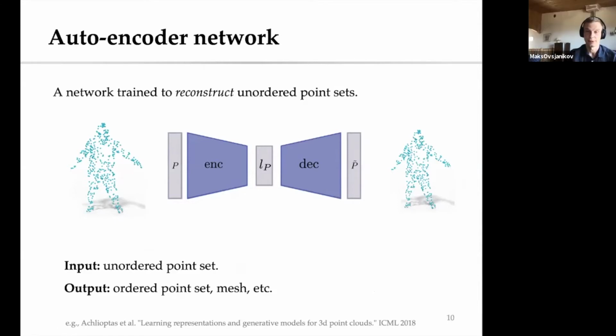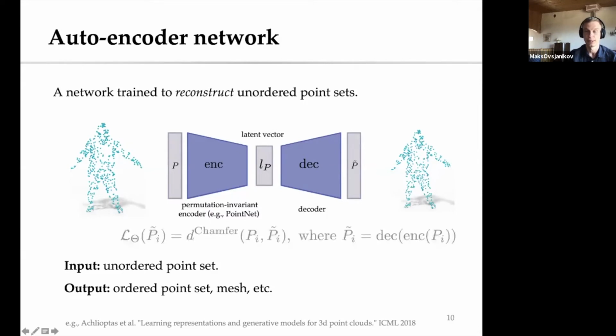The main goal when you're training this network is to compute the weights of the encoder and the decoder networks, so that when you compare the input P_i and the reconstructed output P tilde_i, you want them to be as close as possible. There are various notions of distance; the chamfer distance, for example, is commonly used.